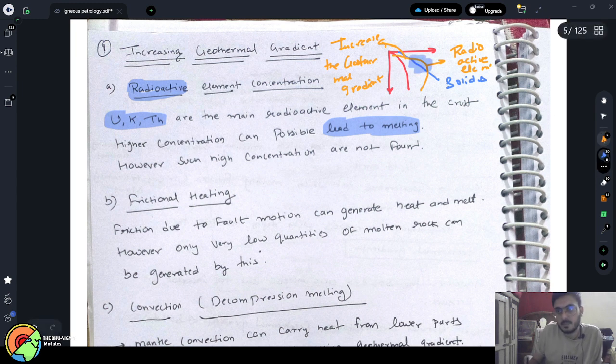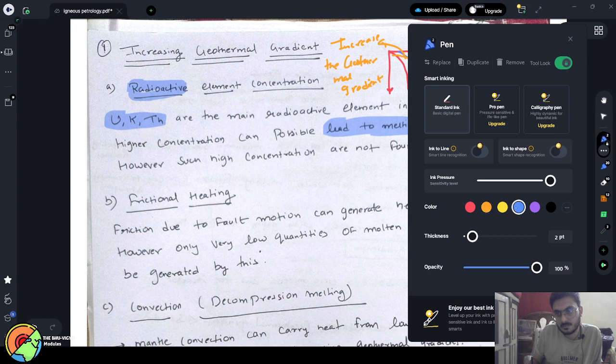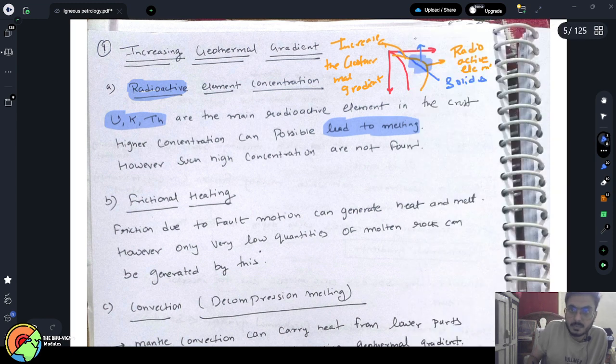At this depth, melting will start. So melting will begin here. So this is the first cause.